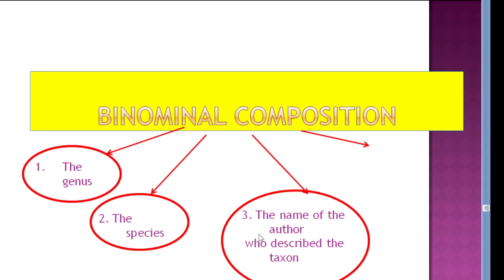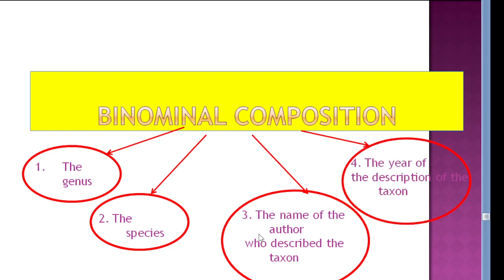So, in the binomial, we must put the name of the author who described the taxon, in the third position. And the final position, the fourth position, we must put the year of the description of the taxon. After all this information, the last information must be the year of description of the taxon. Okay, so don't worry, we will take some examples and you will see that it is very easy.